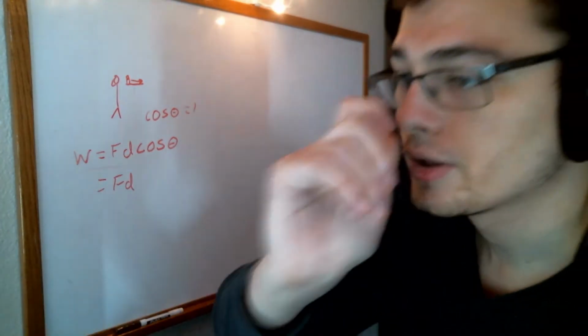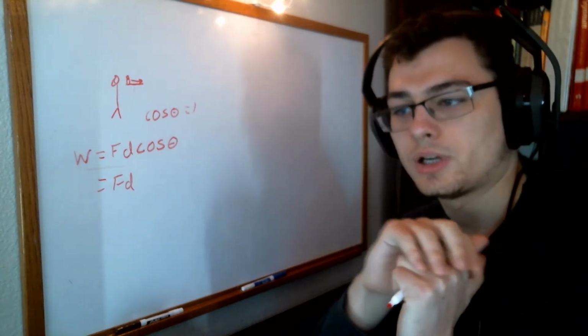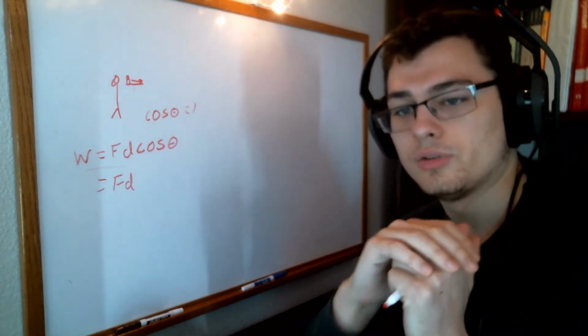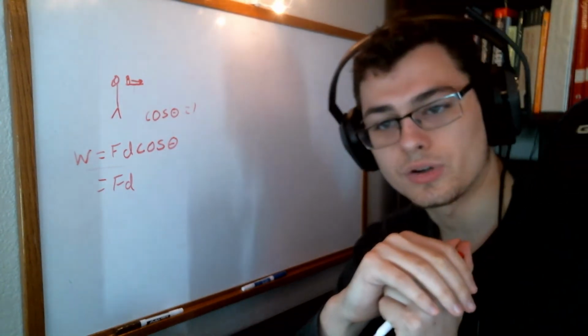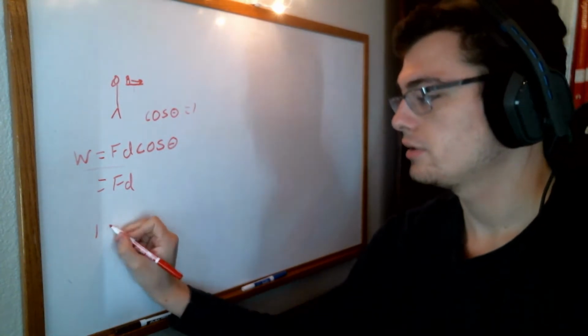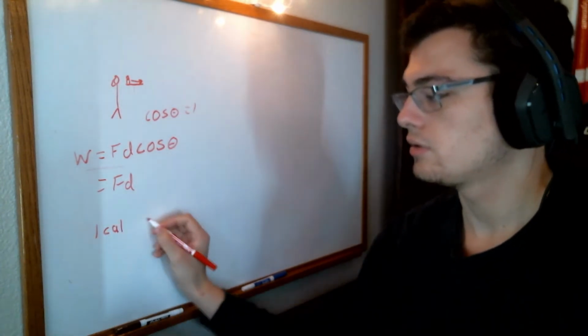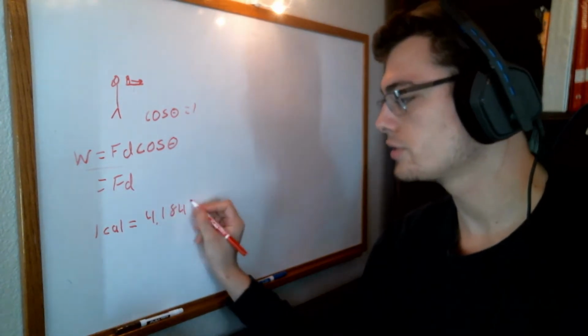And so another big thing in this chapter is we have to talk about units again. So we're going to be talking about a new unit that we're going to introduce called calories. And so 1 calorie, or 1 cal, is going to be equal to 4.184 joules.